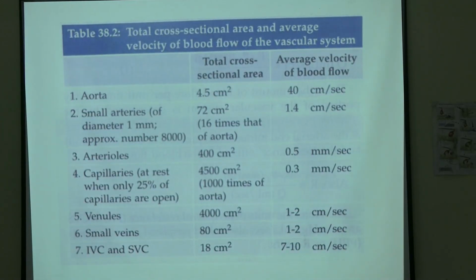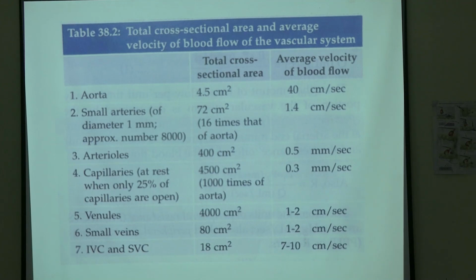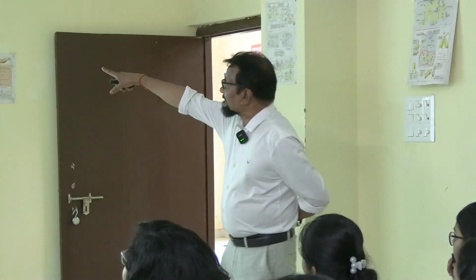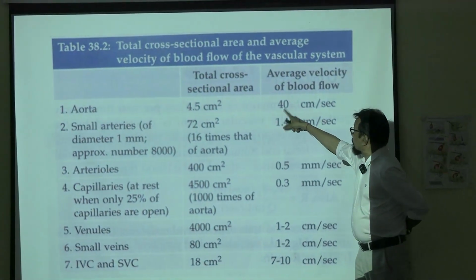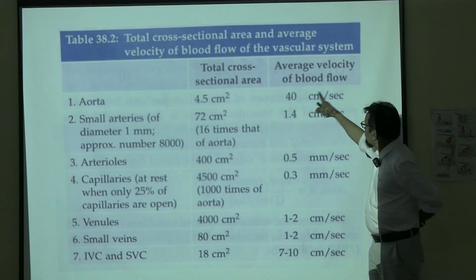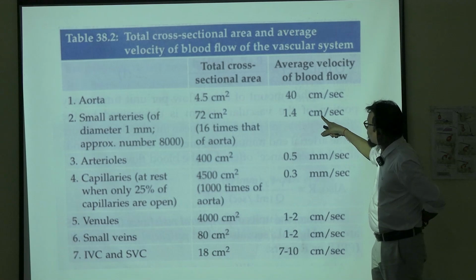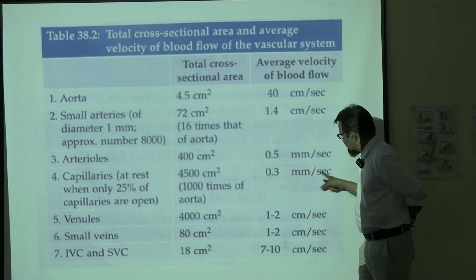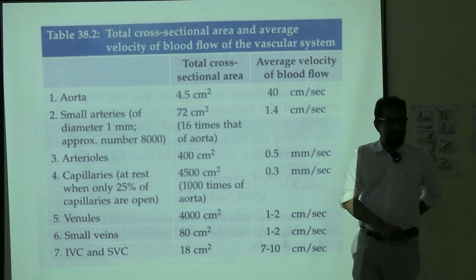Why have these changes been made? Why? Gradually, the cross-sectional area is changed. Now, one thing you see, here velocity was 40. And gradually, what is happening? 40 centimeters, 1.4 centimeters, 0.5 centimeter, 0.3 centimeter, it is reducing.